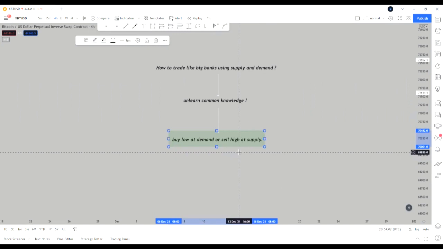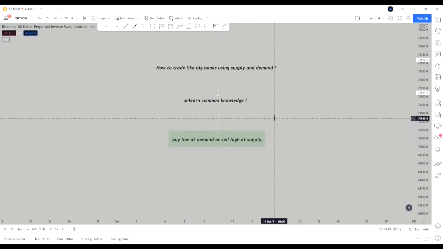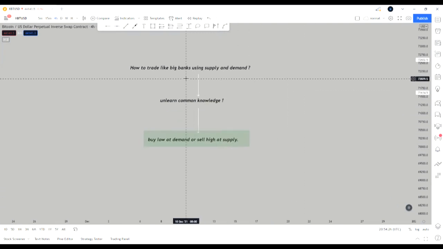One thing I was talking about with one of my friends who is also a trader: why don't people apply the common knowledge they usually use in their normal lives to trading? Why should it be different? I was talking about Gucci.